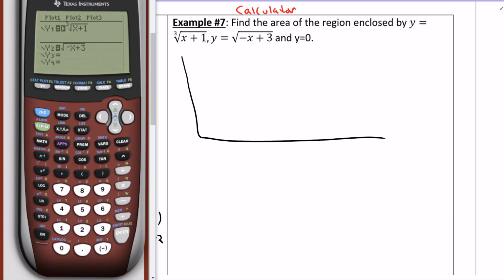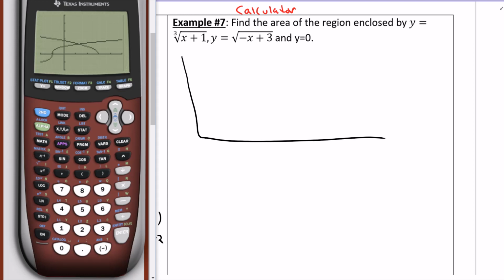I don't like my window. I'm going to go -2, and I don't need to see this many of these. So let's see how that goes. Okay, so that's the cube root function, and this is the square root function.